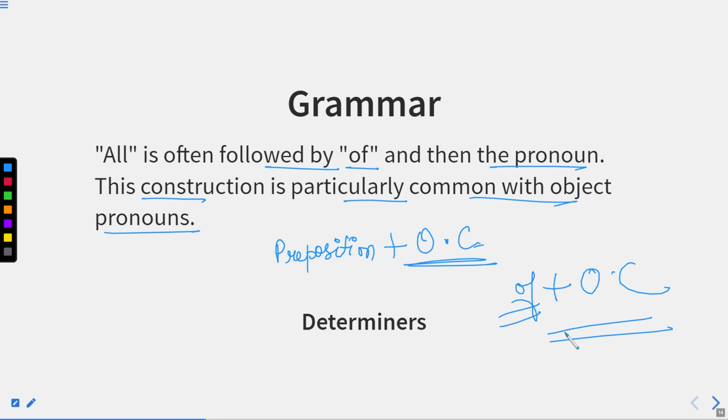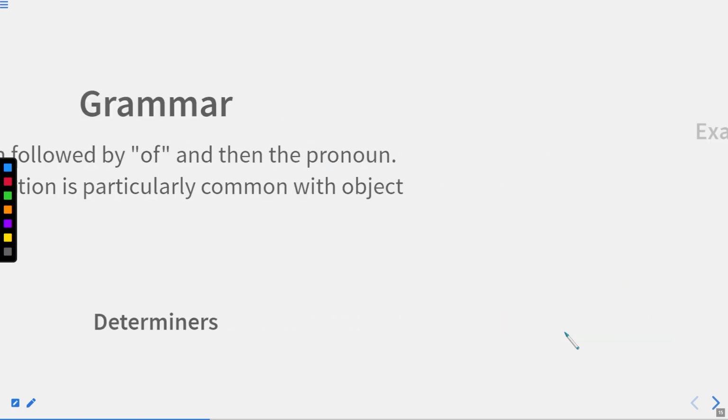After a preposition we can only have the objective case. We cannot have the nominative case or another thing. If it is a noun, we can use it as it is, because a noun does not have a separate objective or nominative case. It is the same. Now let us move to the next part.